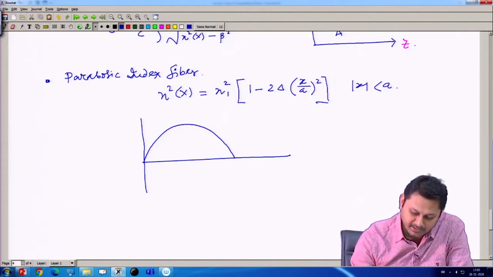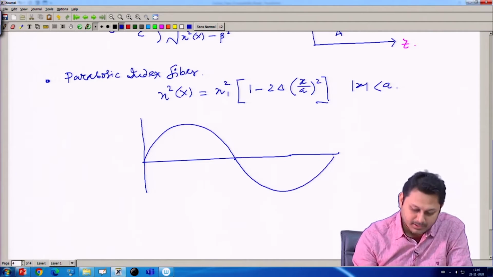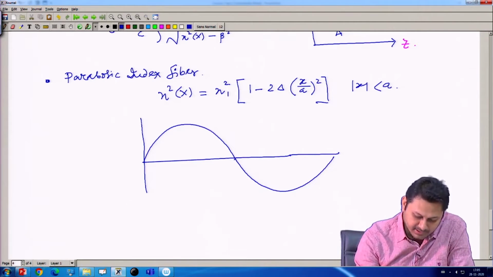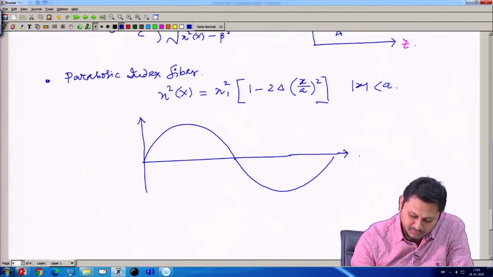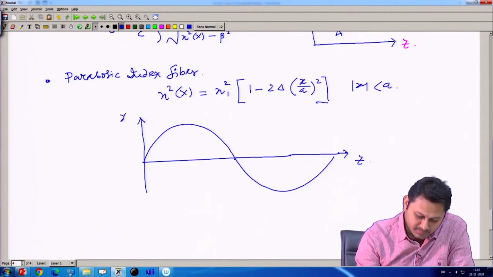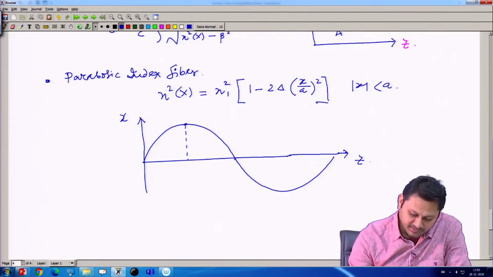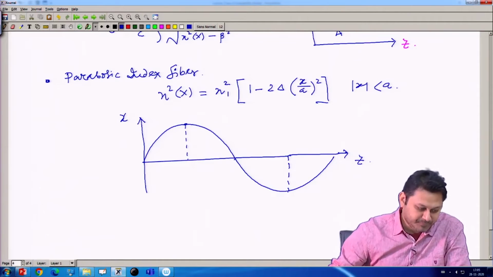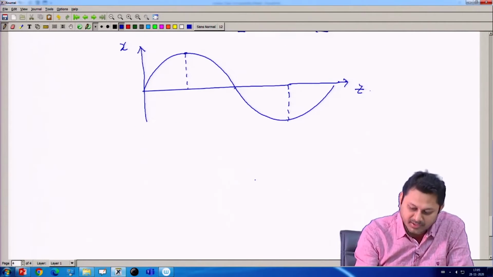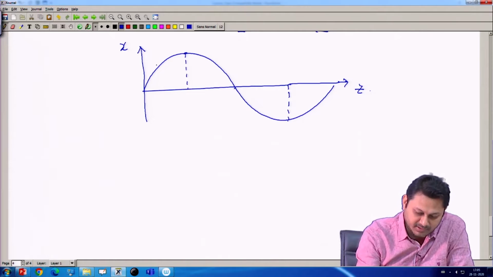This is one half and another half in this direction. You can see the ray is moving along this path, and this is the point where the amplitude becomes maximum. By the symmetry of the problem, one can find the full period, that is, the time taken by the ray to complete the full period.